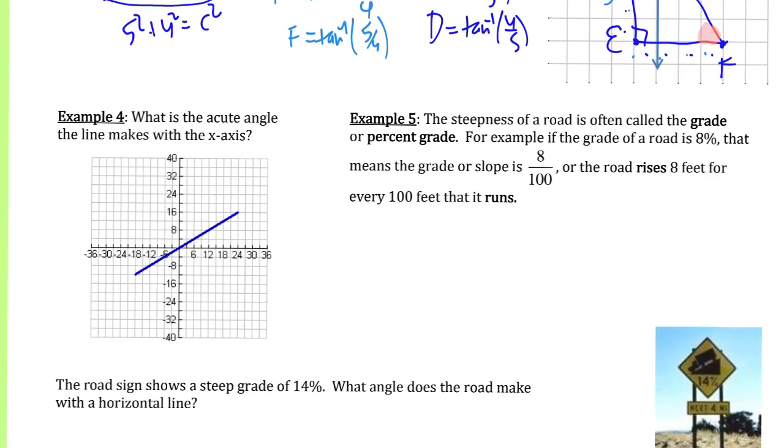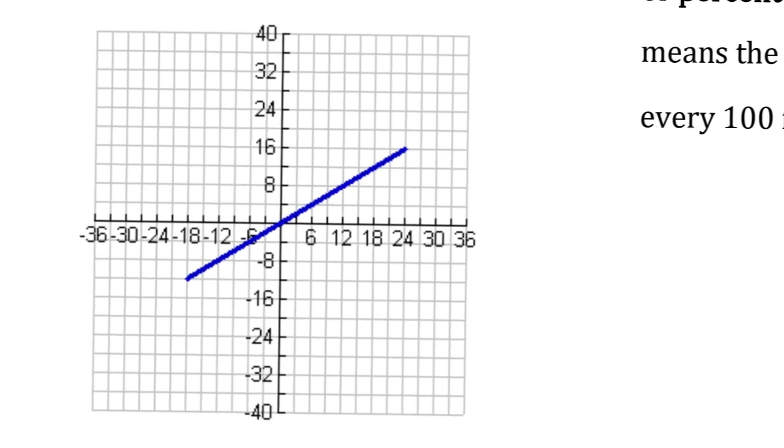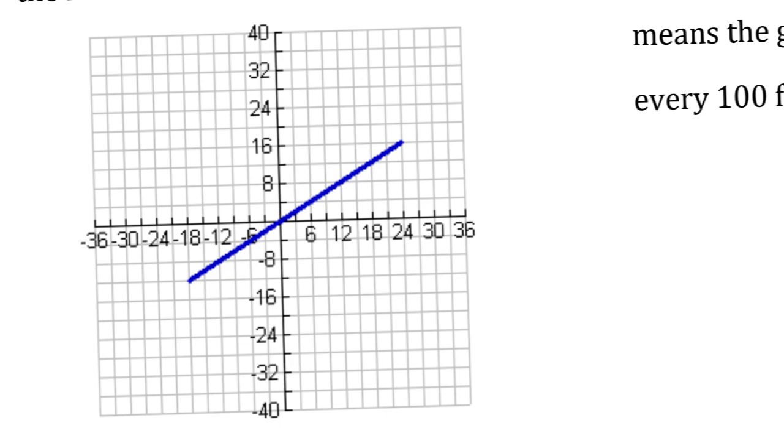Okay, and what acute angle does this make with the x-axis? To find this angle, we need to know the length of 2 of the sides, and then do inverse. They want this angle here. So if you want this theta right there, we know this length from here to here is 16 units. And from here to here is going to be 24 units.